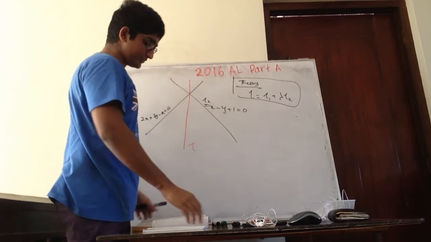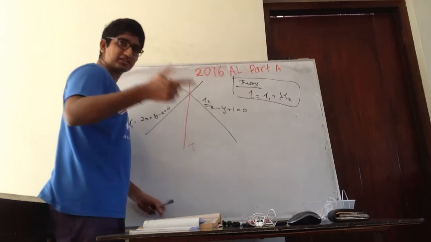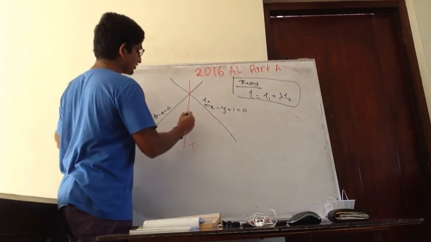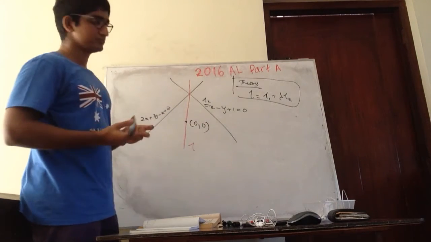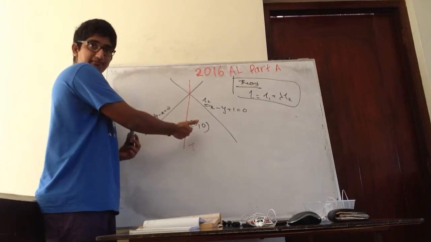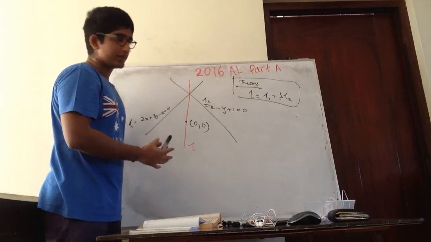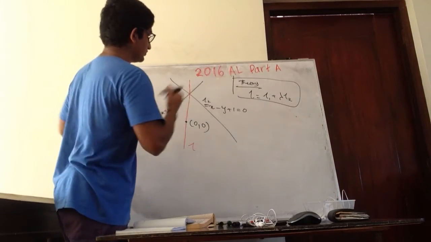Right? So now we need to substitute and see. So apart from that, what is the other value we know? We know that this goes through 0, 0 somewhere. Right? So 0, 0 might not be here. It can be here or somewhere, but it goes through 0, 0. Correct? No? So now let's see and let's find out.